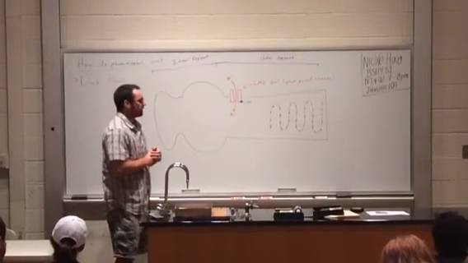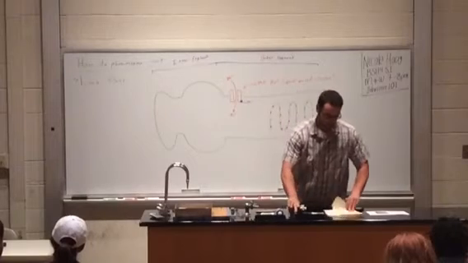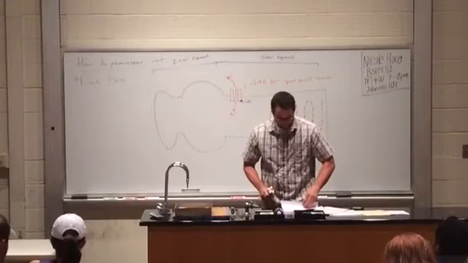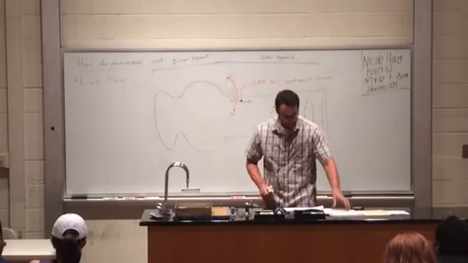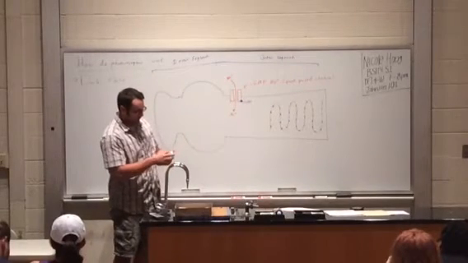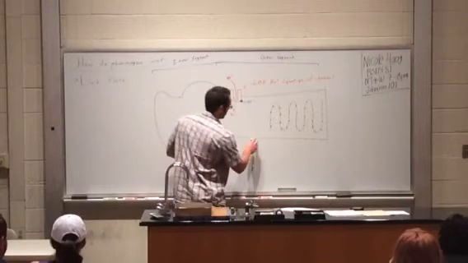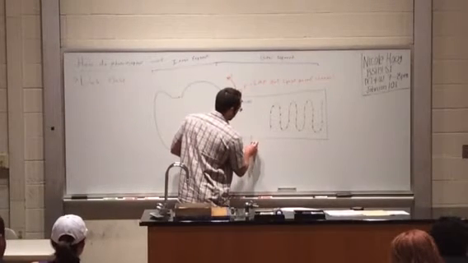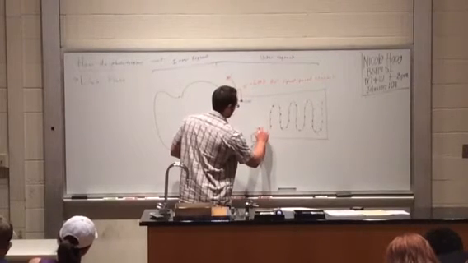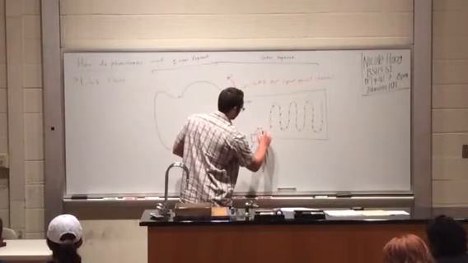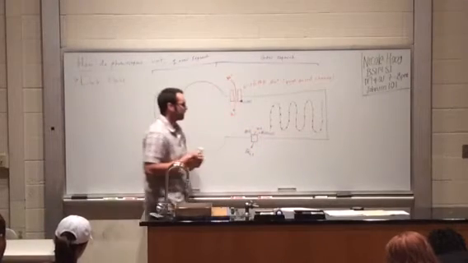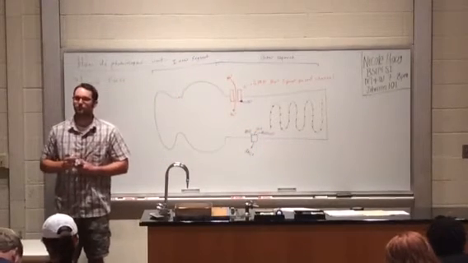Okay, now make sure I keep on track here. We should probably put sodium potassium pumps on, just in case. We know that sodium is going to move from the outside to the inside because we already have literally hundreds and thousands of sodium potassium pumps, hydrolyzing ATP and putting 3 sodiums out for every 2 potassiums in.